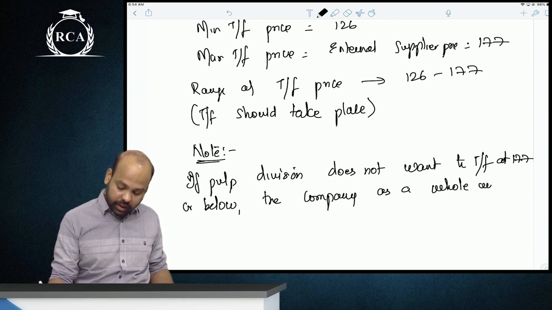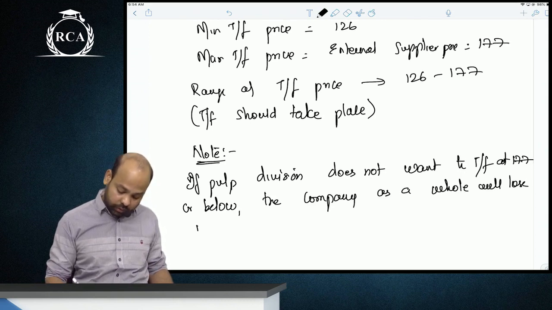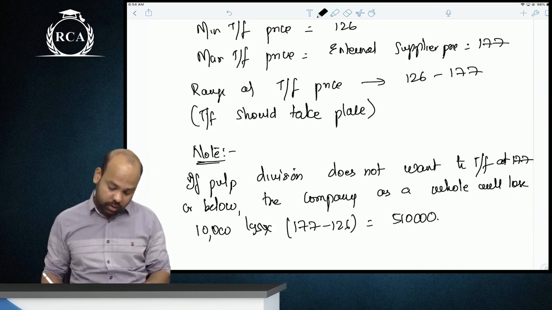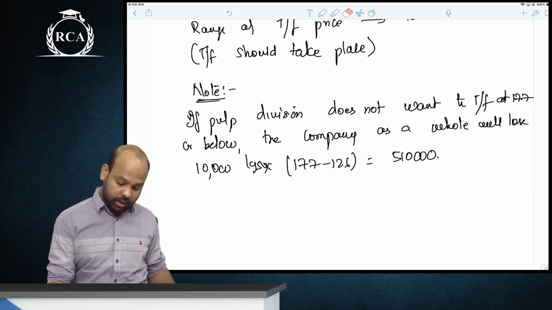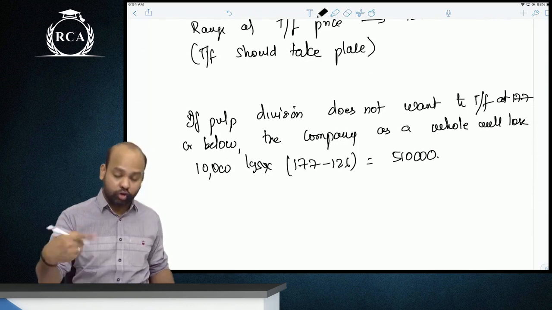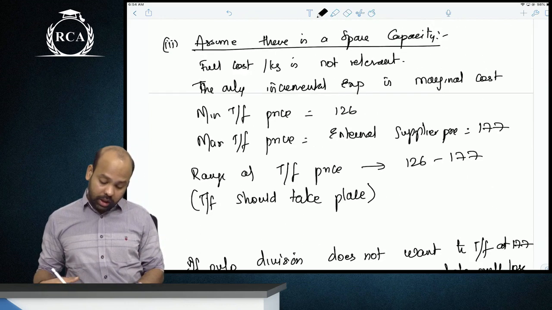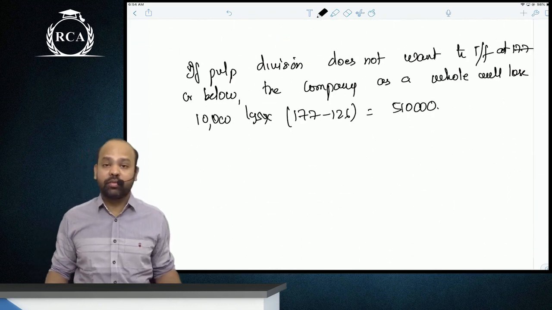Let us not forget, the pulp division will also lose 10,000 kgs into 177 minus 126, which is 5,10,000. But here they have asked about the effect on profits as a whole: the company's profits are going to reduce by 5,10,000 rupees.